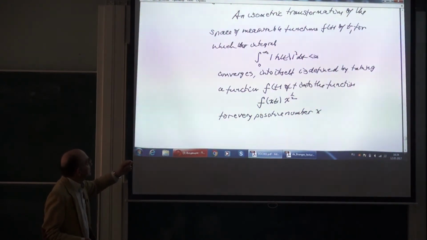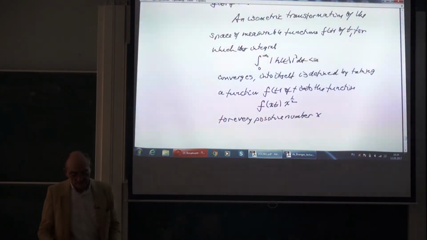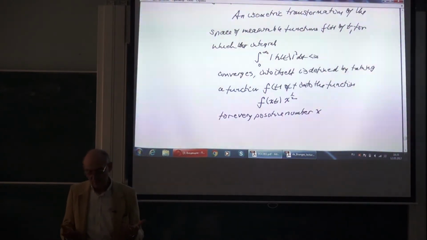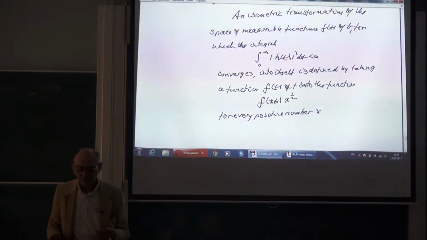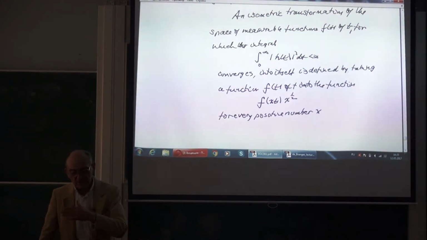I would look for an identity, and I'll say it in words. If I start with a function h(t) of positive t, which is square integrable with respect to Lebesgue measure on the positive half line, I construct two new functions by formulas. These are functions of positive t that are square integrable, and the sum of the squares of the two new functions is equal to the square of the old function.